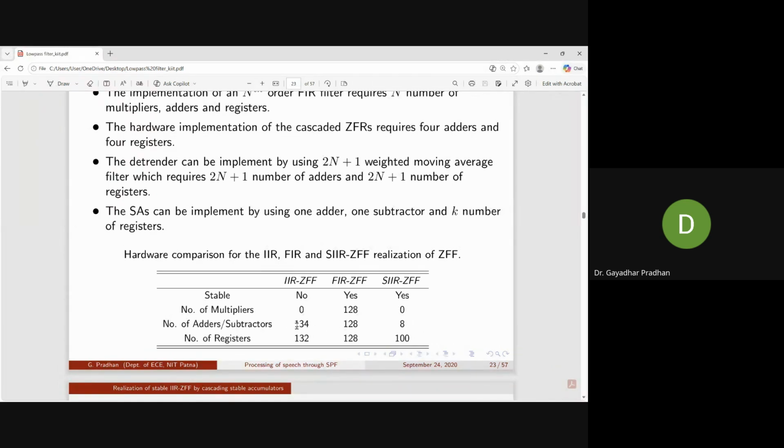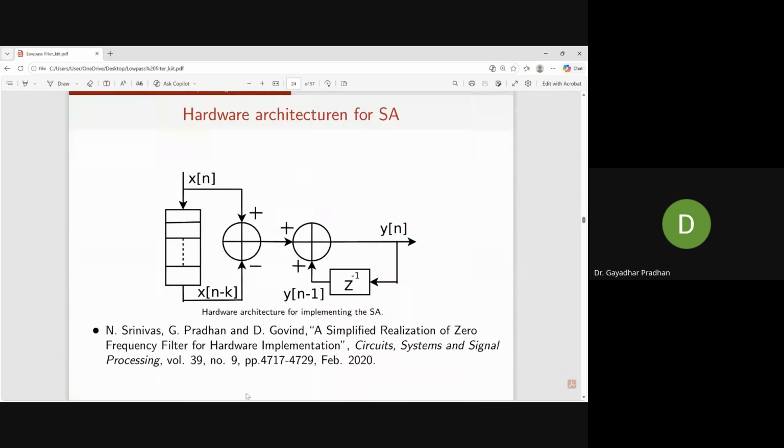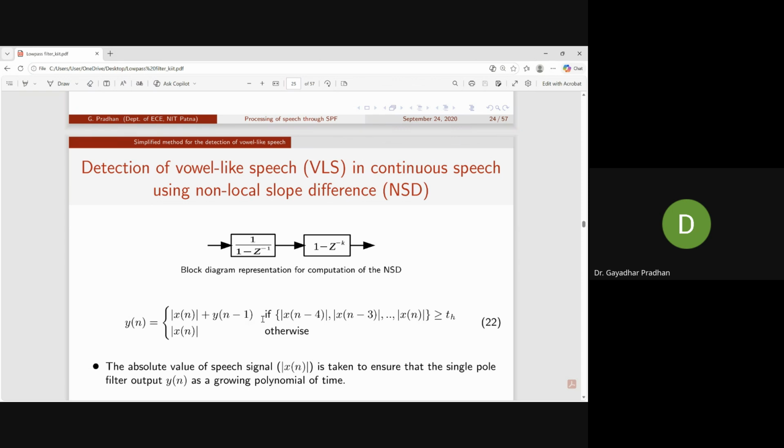Here it is reduced drastically. Okay, hardware, and this is a very simple filter. We have patented it and we have published a paper.